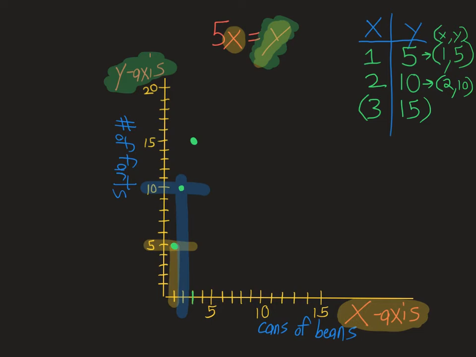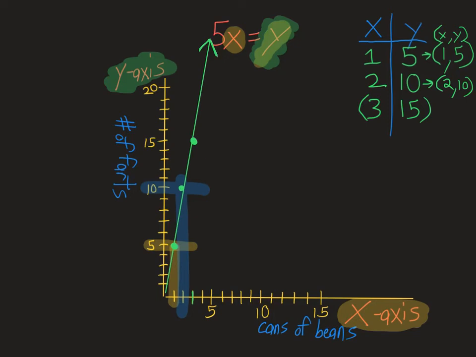That pattern would be, if I start at 0 and draw a nice straight line, now I'm using the line draw tool, so it's not perfect because I didn't get my dots in a perfectly straight line, but you get the idea. That shows us the relationship of farts and cans of beans. And that's going to continue forever.